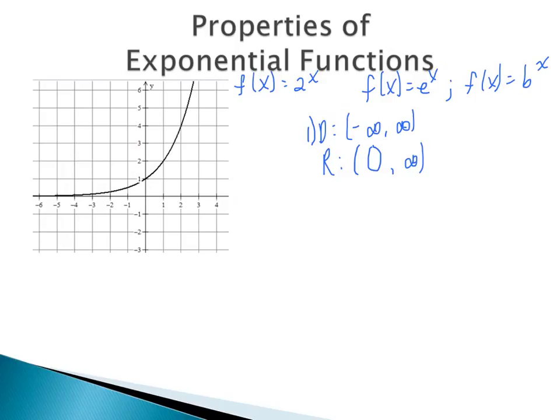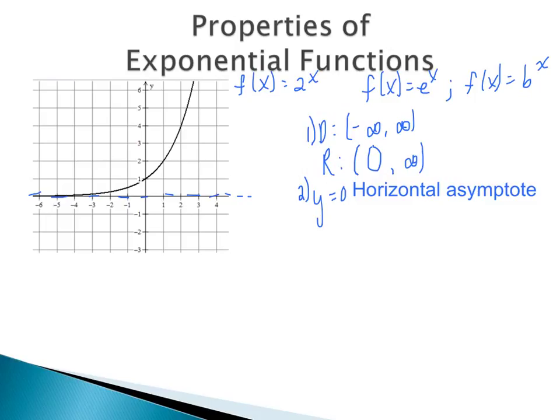It's riding really close to it, because it has a horizontal asymptote. So we can draw that in here in order to show that the graph does not cross that horizontal asymptote of y equals 0. Okay, so all exponential functions, as long as they're of that form, f of x equals b to the x, have a horizontal asymptote at y equals 0.